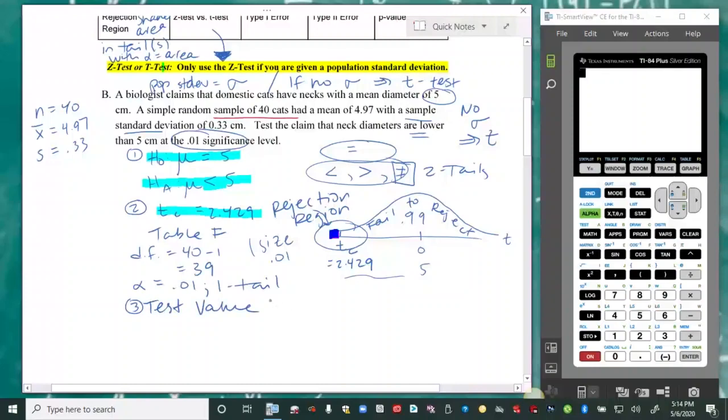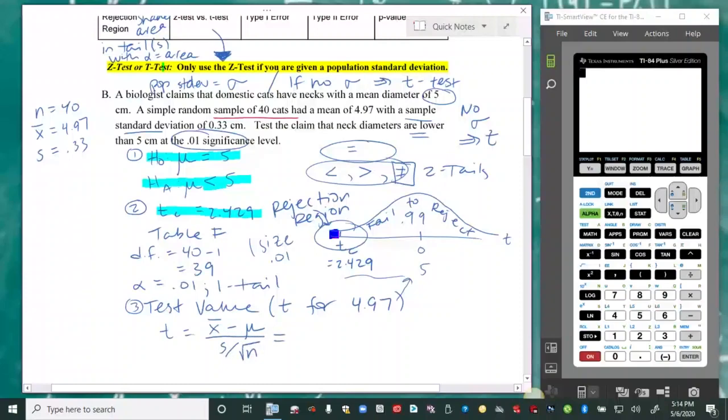This is going to be my t for 4.97. I really don't know where 4.97 lives. I feel like it's going to live over there, but I don't know until I figure out what its t-score is. So we're going to use that adjusted value. t is equal to my sample mean minus the expected mean divided by the adjusted standard deviation, so the standard deviation over the square root of n.